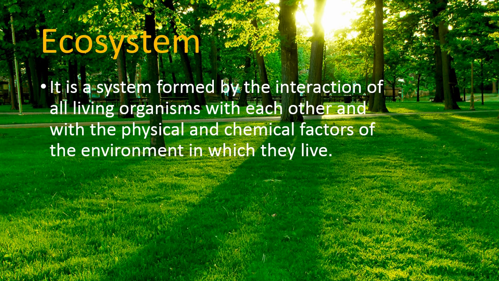Now the life is already introduced, and in the ecosystem, all the living organisms interact with each other and with the environment for the transfer of energy. It is a system formed by the interaction of all living organisms with each other and with the physical and chemical factors of the environment in which they live.